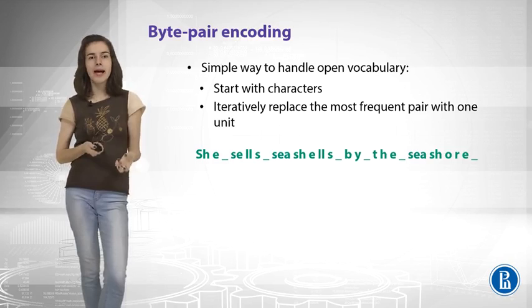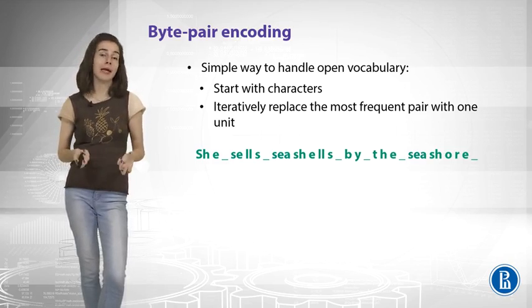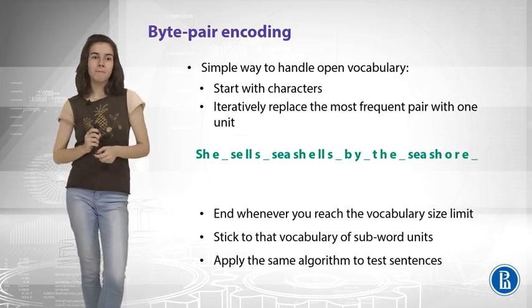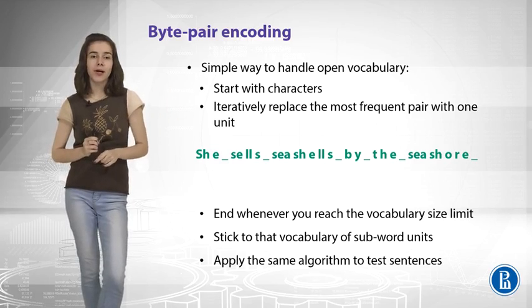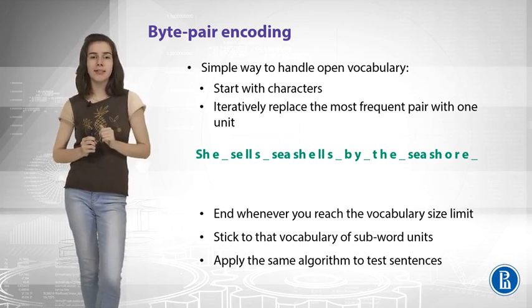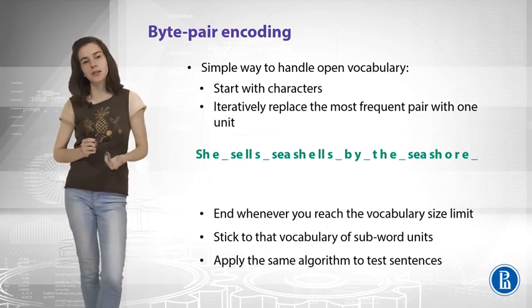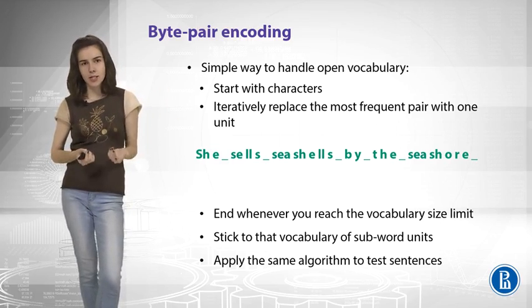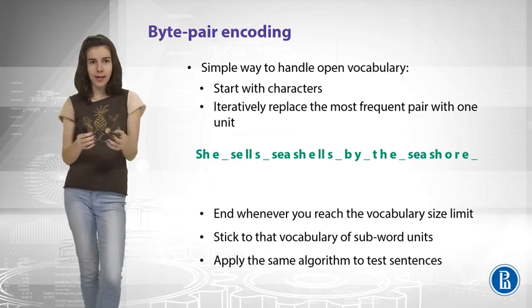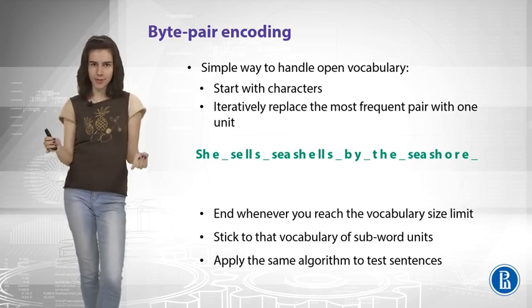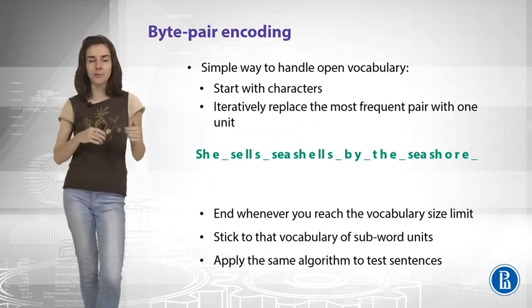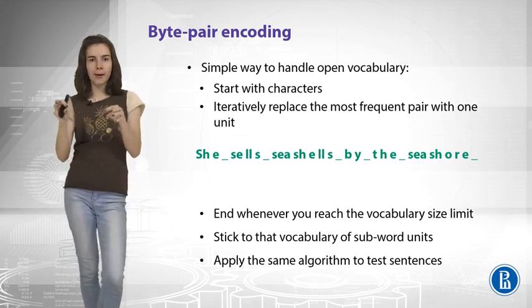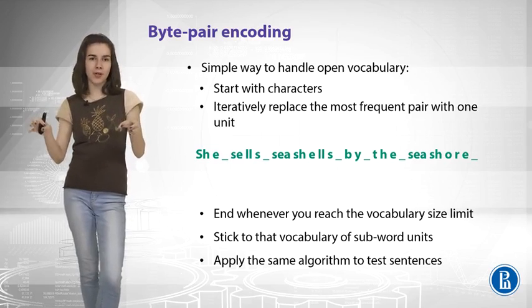So you can proceed until you get the nice size of the vocabulary that you like. So one thing to mention is how to apply this method to test data. If you have test data, you also split it into letters first, and then you know the exact rules from your training procedure, and you apply those rules to test data to collapse all the subword units as needed.